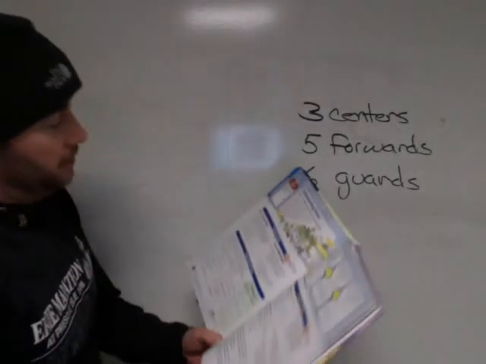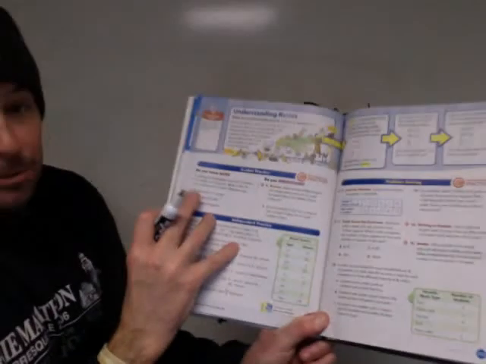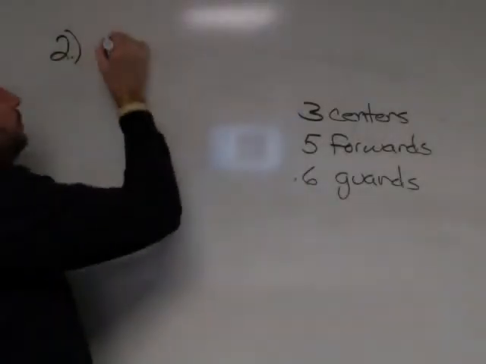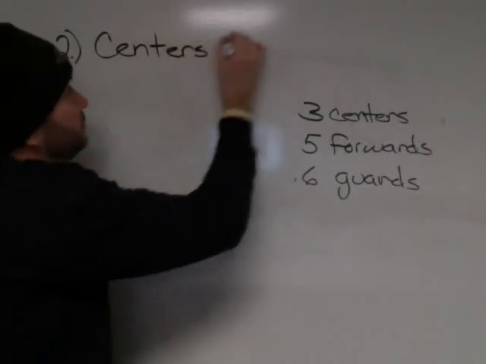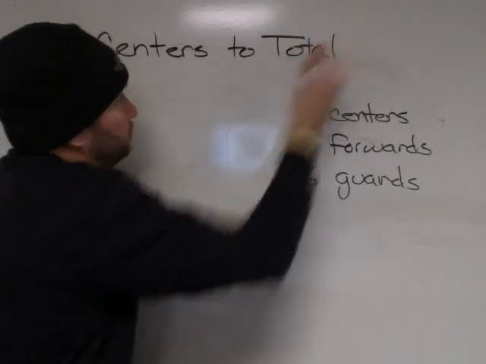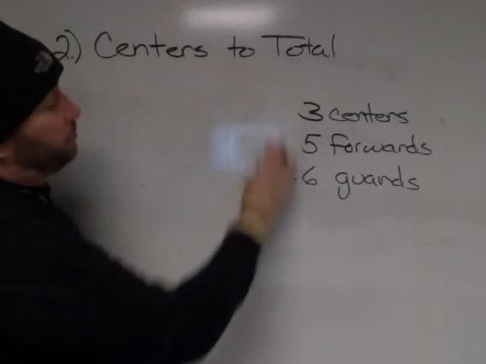Number 2, they want to know centers to total. All right, so let's write that down. Centers to the total. All right, well, in this case, we have to come up with the total.